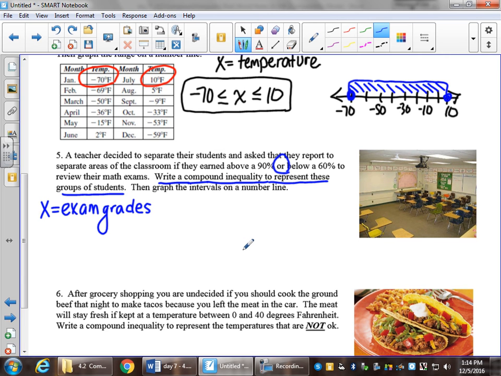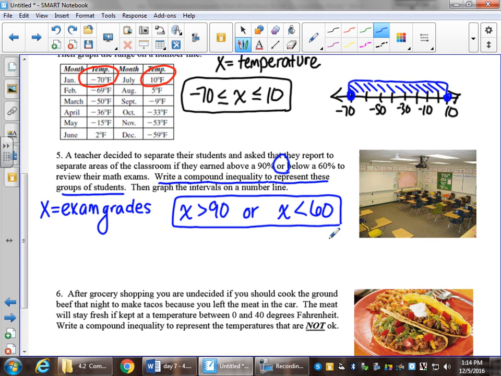They're asked to go to separate areas if they earned above a 90, greater than 90, or, notice I circled that word, or below a 60. So here is an or example, first one of today. The key is that it told me it was an or because I see the word or.